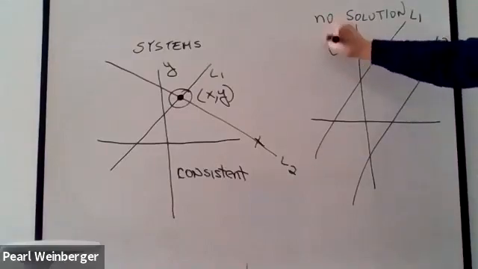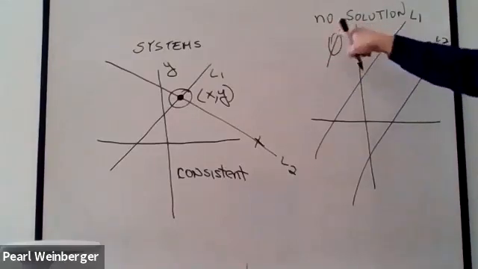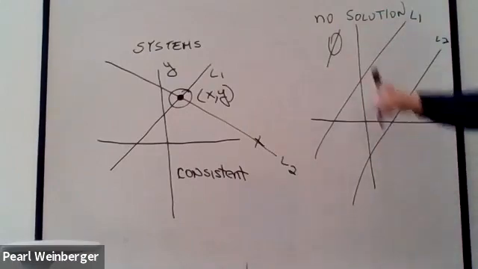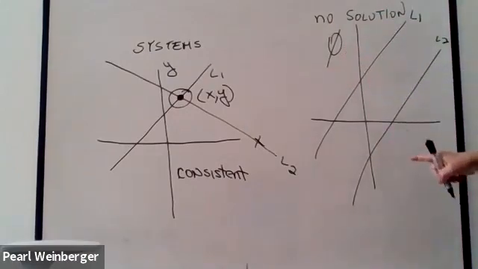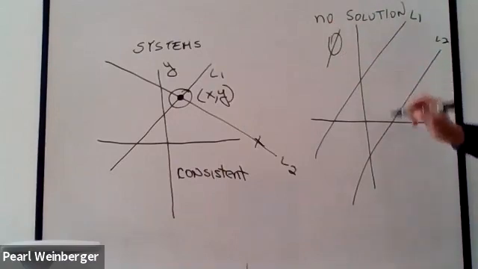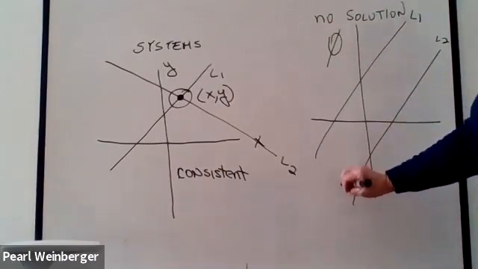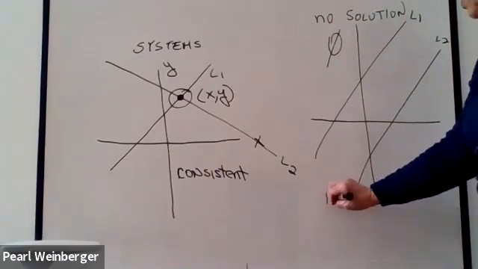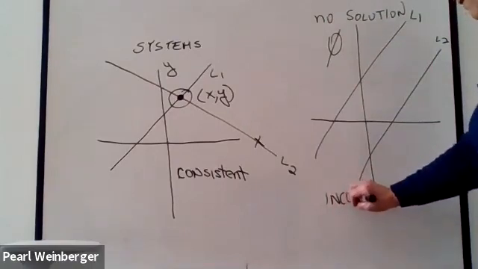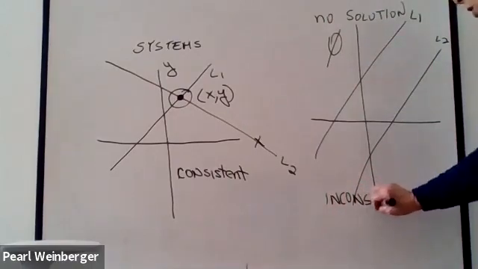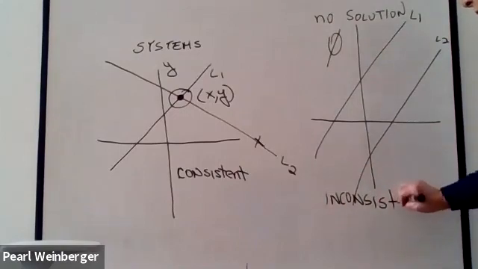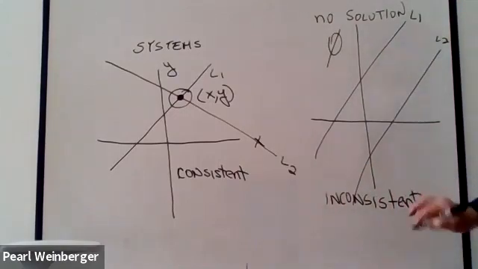Sometimes we also use this symbol, the zero with a line through it, to indicate no solution. This type of system of equations is called an inconsistent system of equations. Because there is no solution.